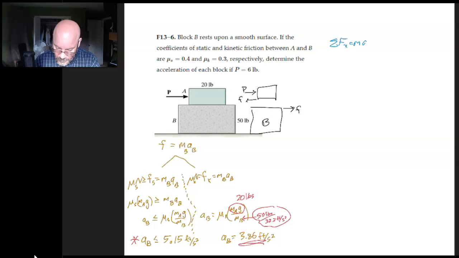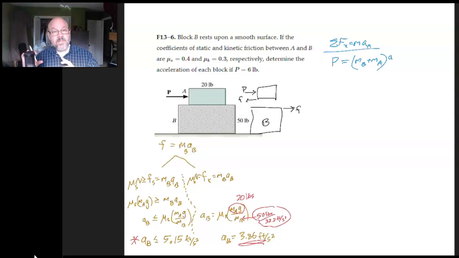Set up Newton's laws here. And so what I'll have is that P is just equal to MB plus MA times A. So if they move as a block, you remember there's no friction with the ground, then this is what we got. Very straightforward.